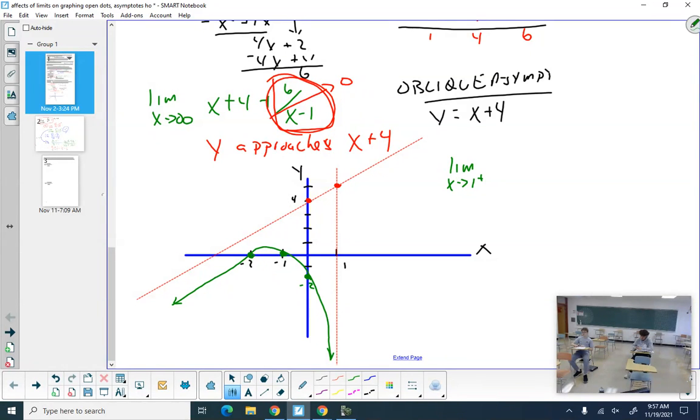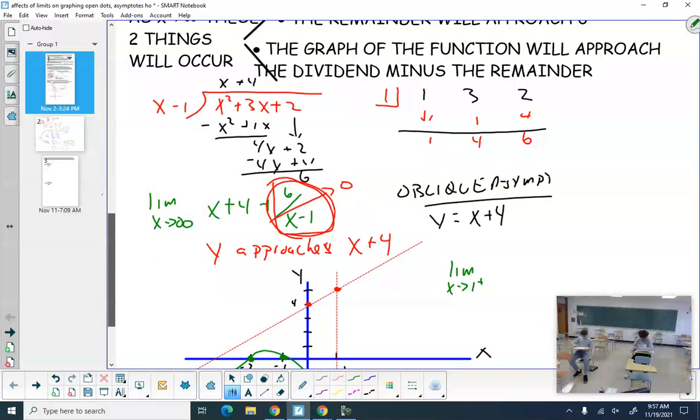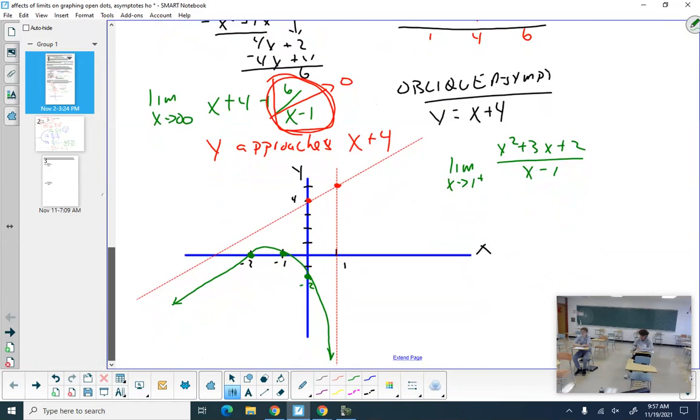If we take a look at our limit as x approaches 1 from the right of our function, which is x squared plus 3x plus 2 over x minus 1, as x approaches 1 from the right, and we could factor this to x plus 2 and x plus 1, as x approaches 1 from the right, this is positive, and x minus 1 is also positive.